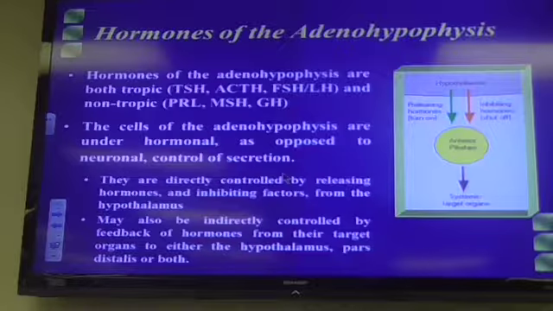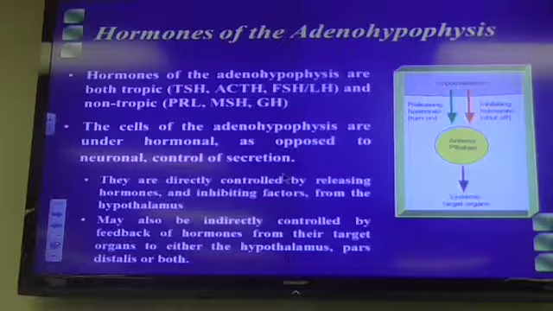They're directly controlled by your releasing and inhibiting hormones from the hypothalamus, and they can also be indirectly controlled by feedback mechanisms. In other words, if my glucocorticoids are very high in the blood, do I want to be secreting a bunch of ACTH? So it will inhibit that secretion. Okay, and it can be acting either there or at the hypothalamus or both.